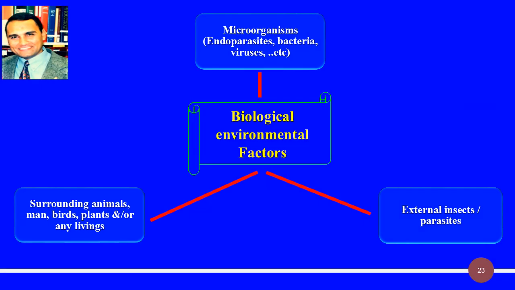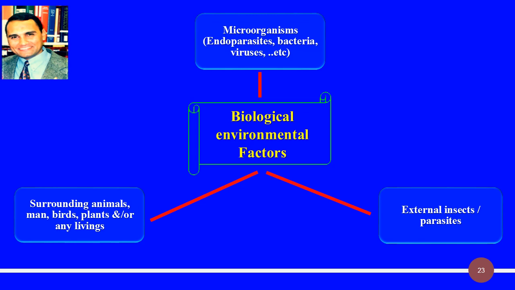Biological environment. It is an important factor that includes microorganisms such as endo and ectoparasites, bacteria, and viruses, which lead to different diseases in either human or animal populations. External insects or parasites also cause several diseases.